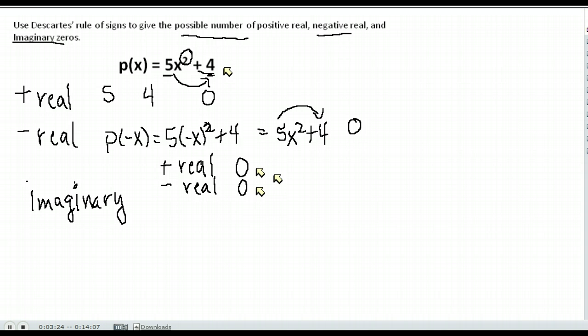So to get a total of 2, I would have to have 2 imaginary zeros. Okay, so that's how you figure out how many imaginaries there would be. You see how many would I need to make the total of the degree? So for this problem, there's 0 positive reals, 0 negative reals, and 2 imaginary zeros.